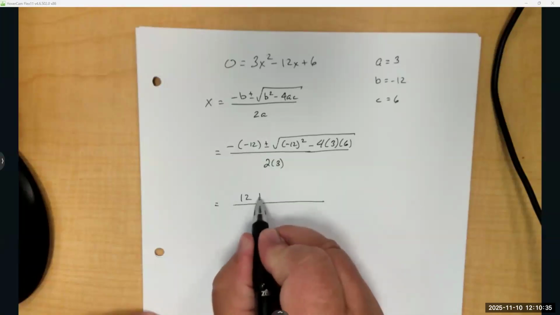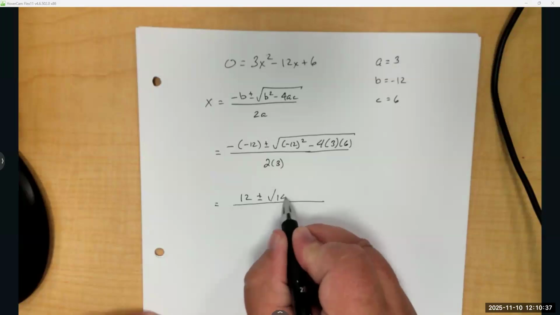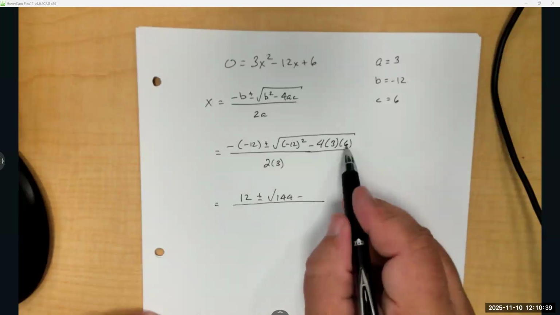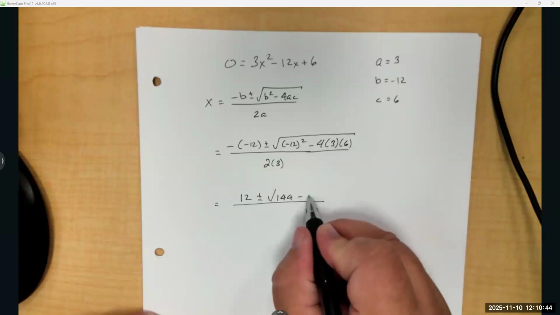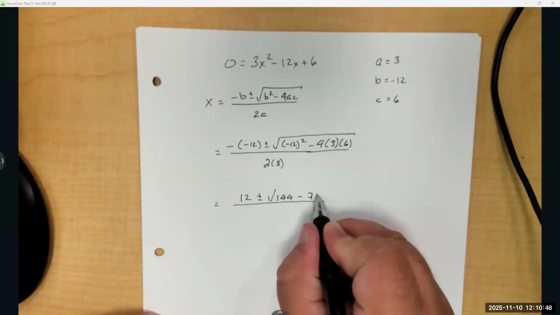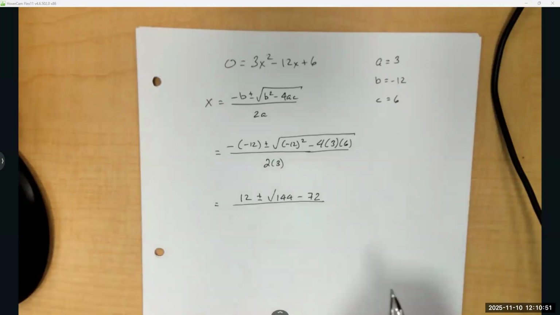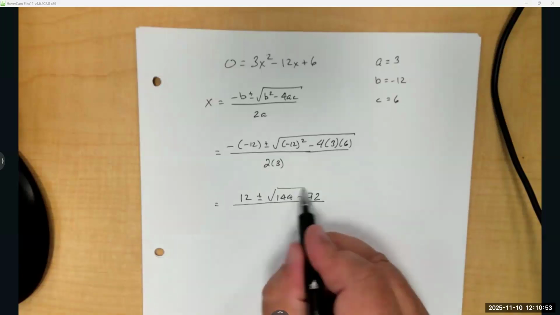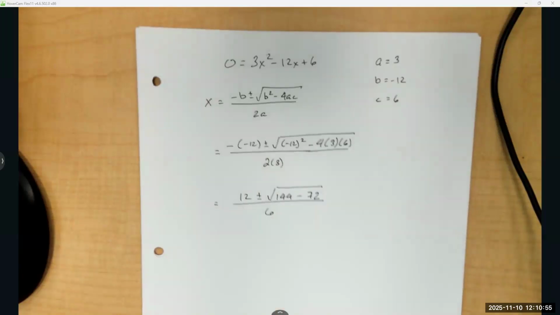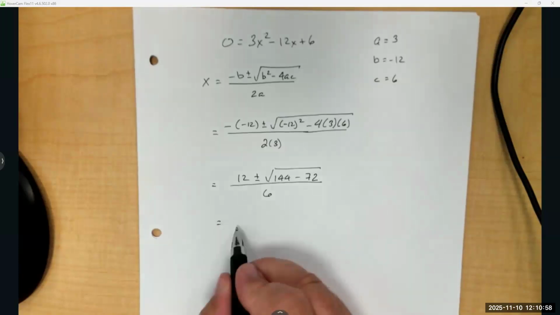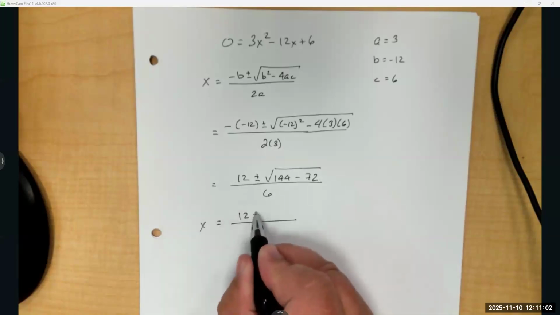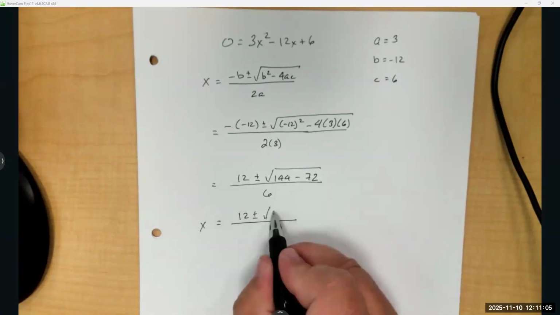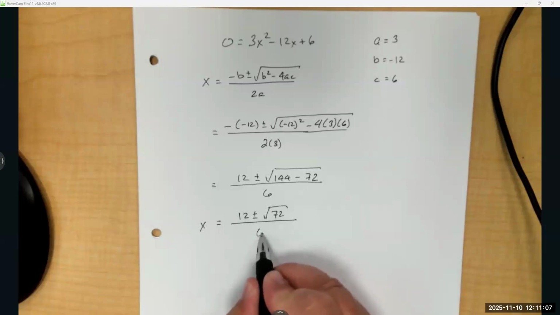Negative negative is a positive 12 plus or minus the square root of 144 minus 12 times 6, over 6. So x is equal to 12 plus or minus the square root of 144 minus 72, which is 72, over 6.